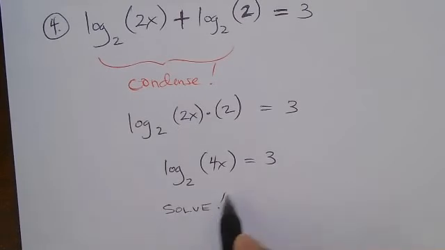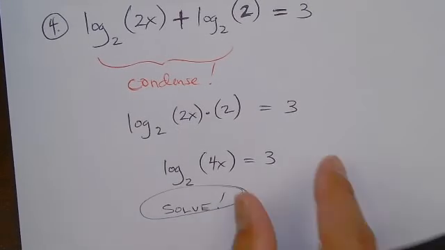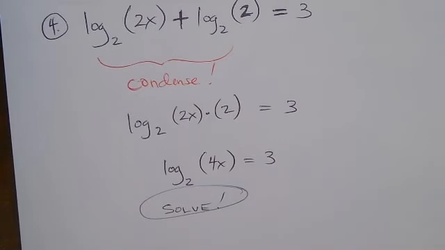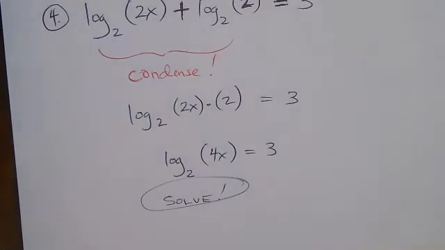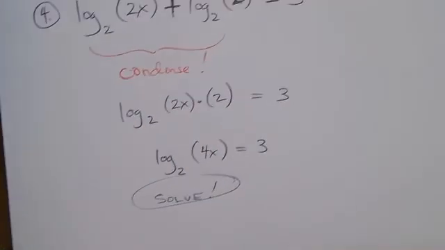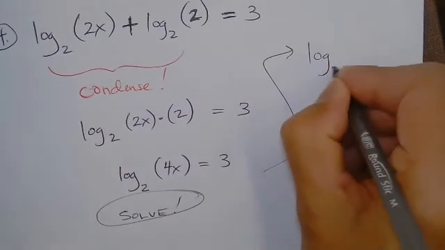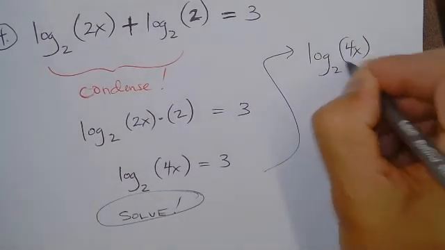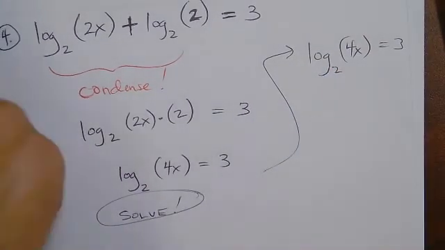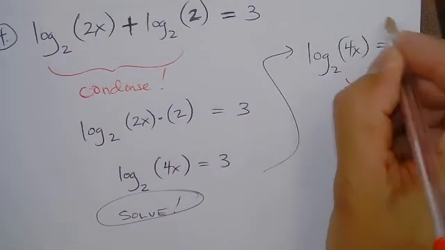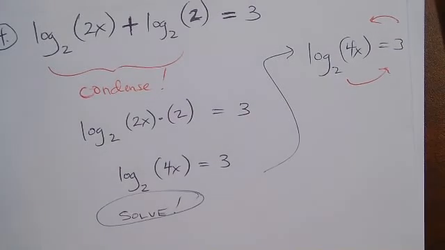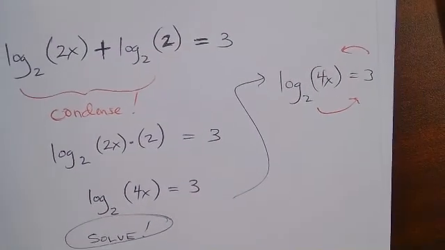Now can we solve this? Yeah, now you solve that. How do you solve this? Well, they look like the ones we were doing earlier. Don't you do that counterclockwise business like this?